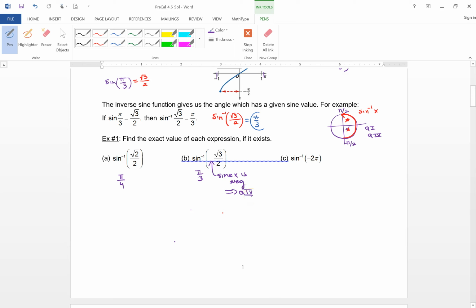Okay, so the way we write this then is negative pi over 3. It is, but the inverse sine only lives in these two quadrants. Those don't exist anymore. We restricted the domain. Okay? So the inverse sine only lives in these two quadrants.